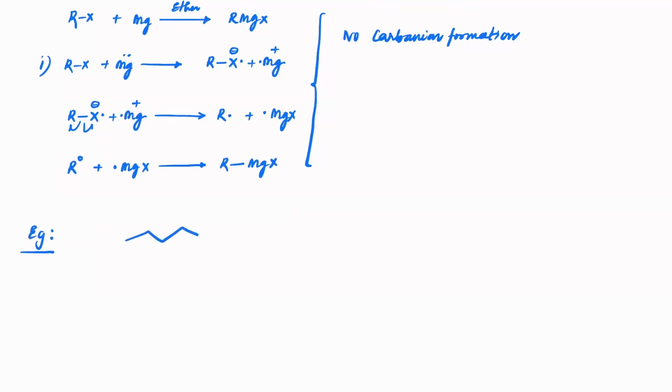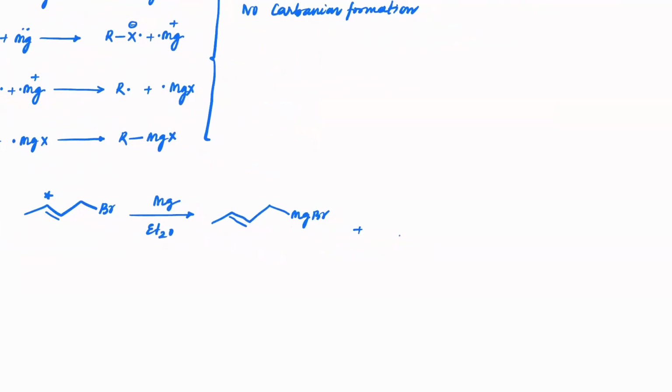Okay. So since it is a radical form, let me show you with this example. Suppose you have Br here with a double bond like this, and then we treat with Mg and ether. Suppose there is an isotopic carbon here. So what do we get is a double bond with this carbon becoming MgBr for sure, and the other product will be like this with a double bond and MgBr here also.